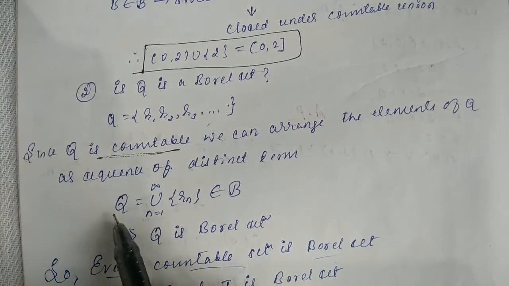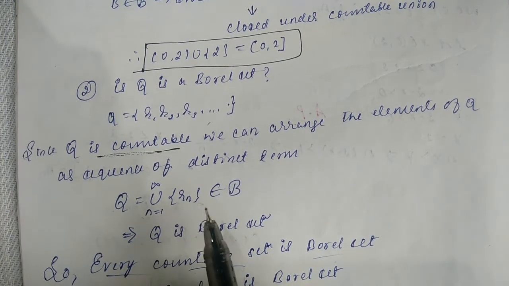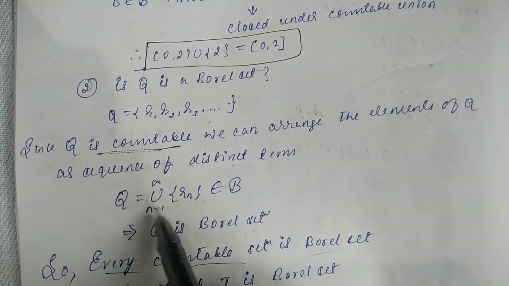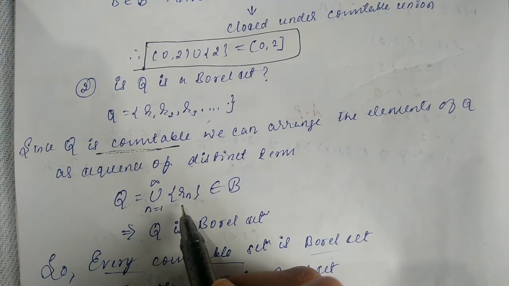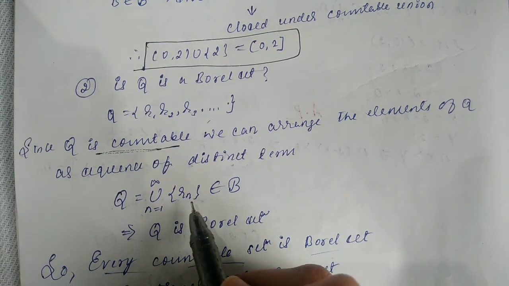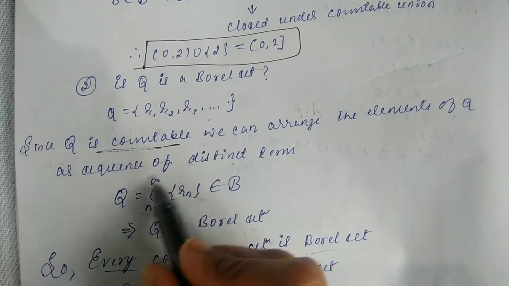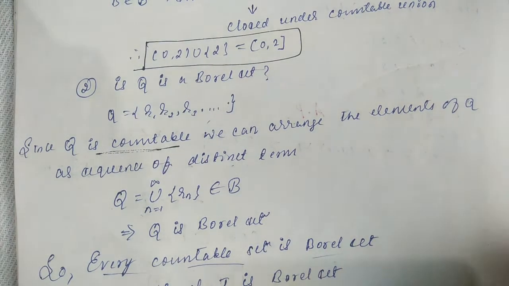So Q can be written as the union over n from 1 to infinity of the singletons {rn}, where r1, r2, ... is a sequence of distinct terms. Singletons are closed, so they clearly belong to B. Since B is a sigma algebra, which is closed under countable union, this countable union also belongs to B. So what is this? This is Q. Therefore Q is a Borel set.